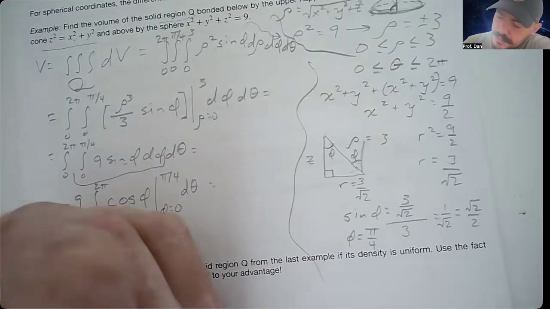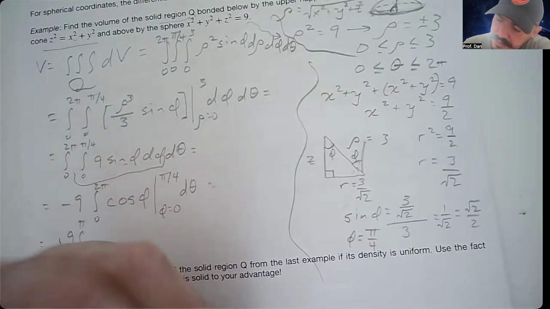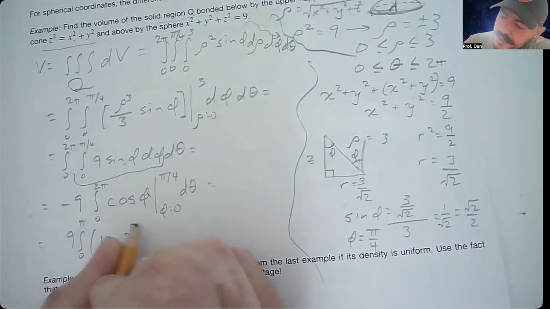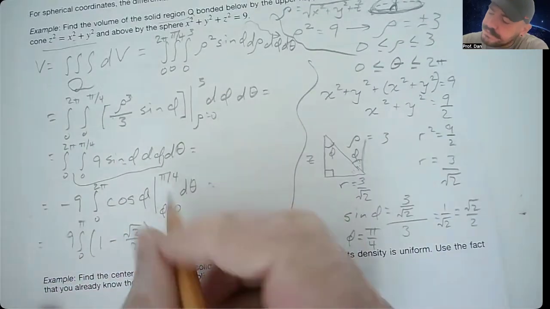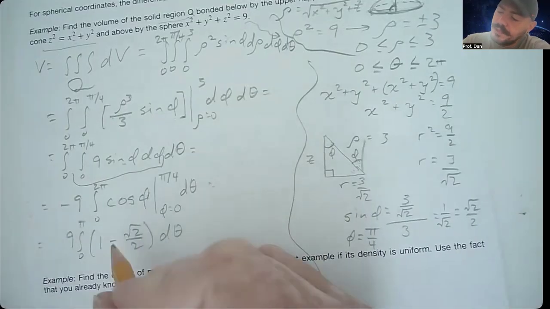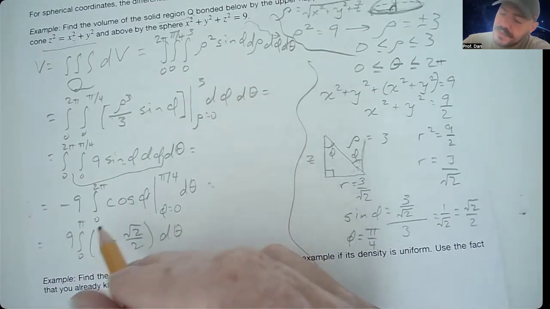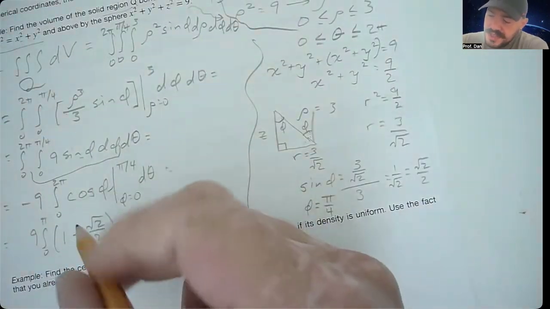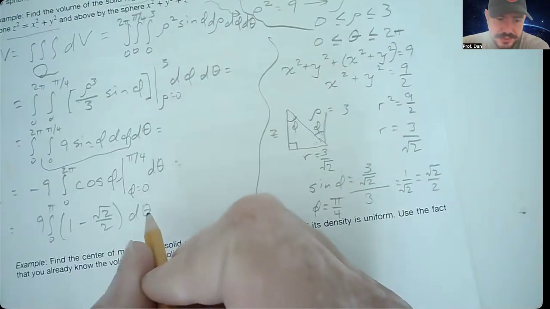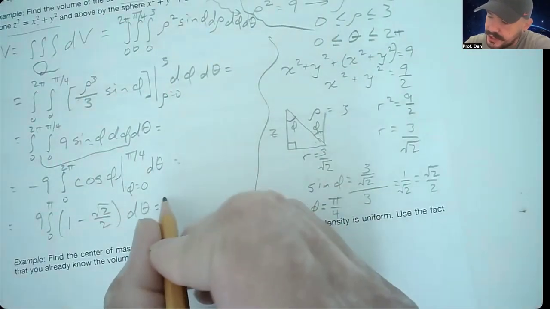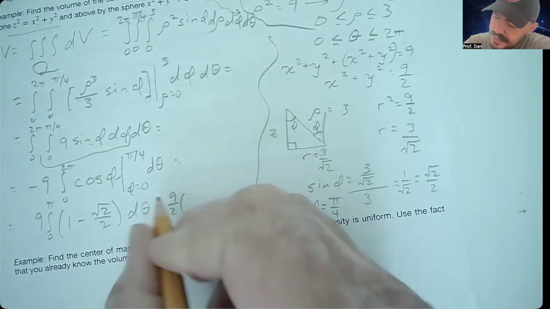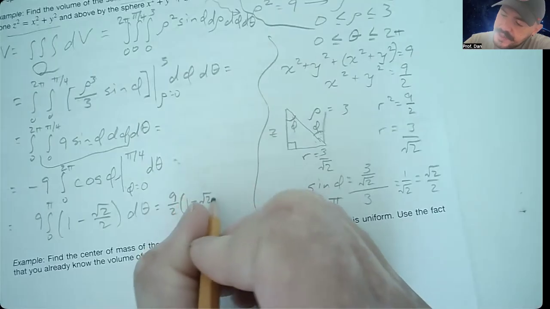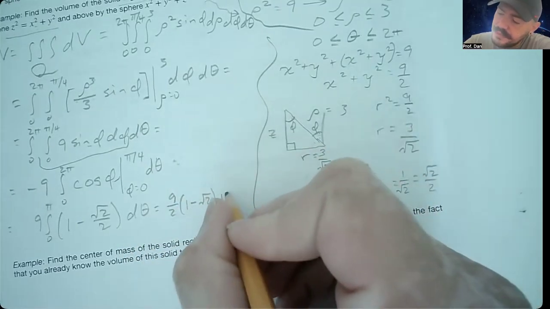So I'm going to take this negative out, and we would get 1 minus the square root of 2 over 2, also known as 2 minus the square root of 2 over 2, which means that whenever I integrate this with respect to theta, we're going to get 9 halves times 1 minus the square root of 2 times pi.